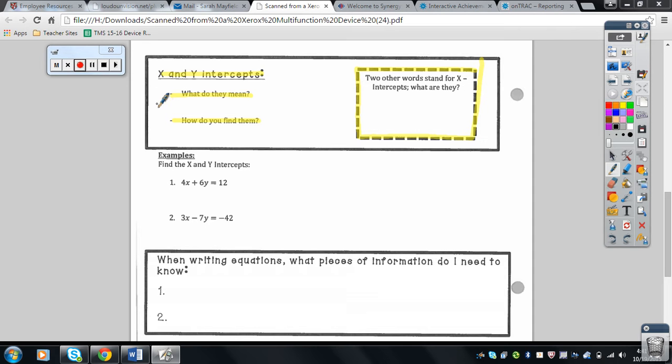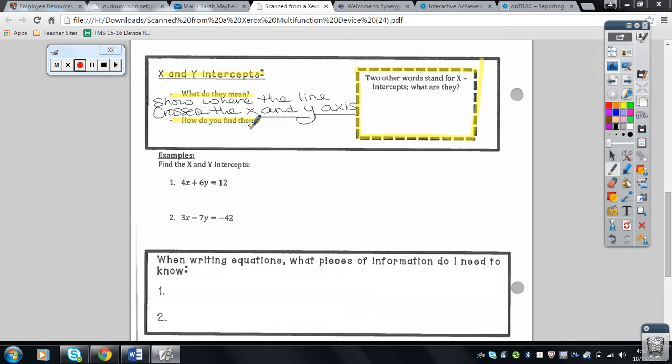X and y intercepts show where the line crosses the x and y axis. So the x-intercept tells me where my line crosses the x-axis. My y-intercept tells me where my line crosses the y-axis.